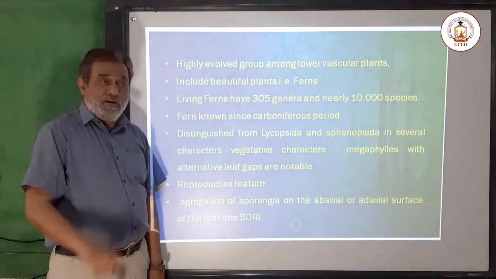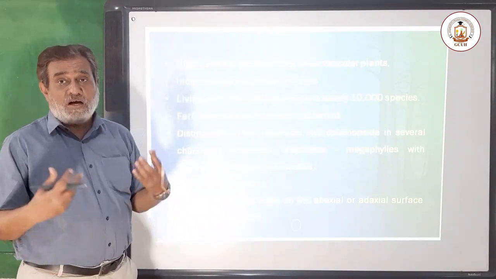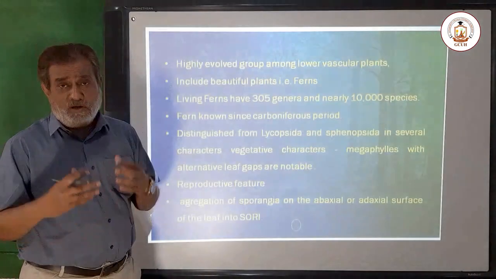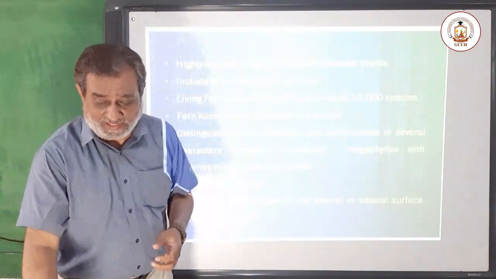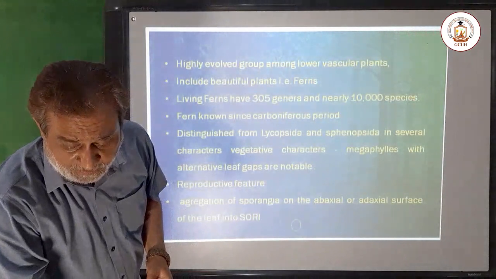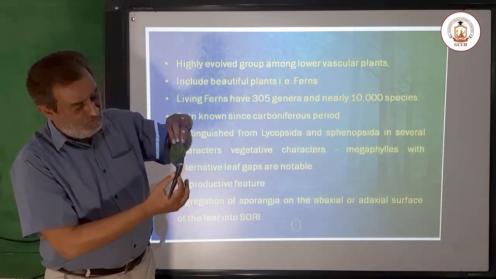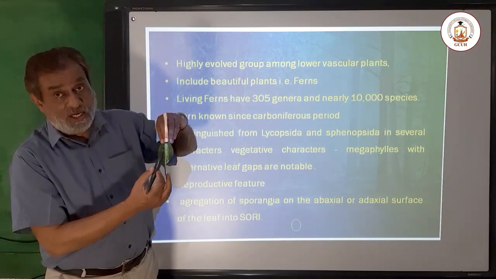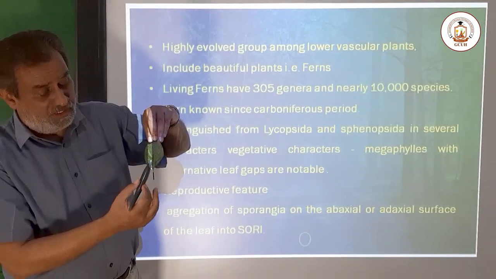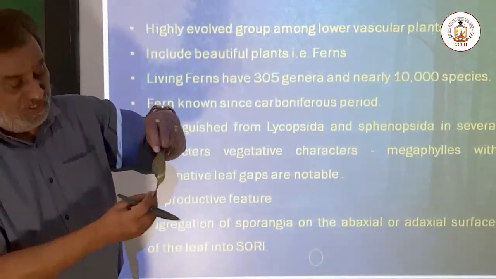The first vegetative character is the start of the megaphylls, meaning multi-veined or large-sized leaves. Before that only one vein was present, but here we have a number of veins and veinlets.